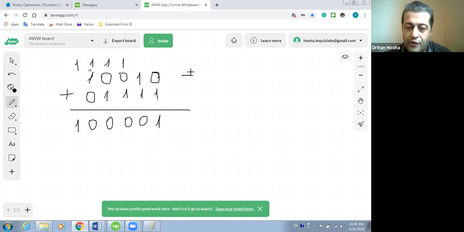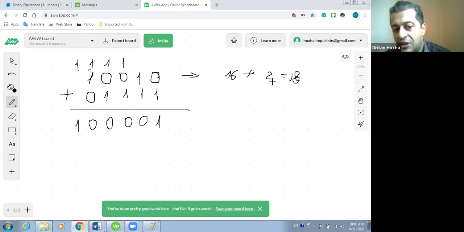Let's try to understand why it is in this way. Let's convert this number into decimal to be sure that we solve it correctly. We have 0 ones plus 1 two, so we have 2 here, plus 0 fours, 0 eights, and 1 sixteen. We have 16 plus 2, it is 18. This number represents 18 in the decimal system. Let's write this one in the decimal system.